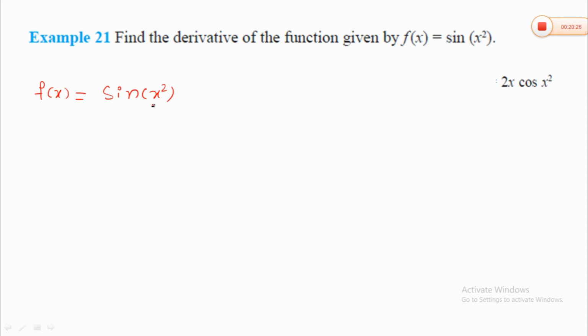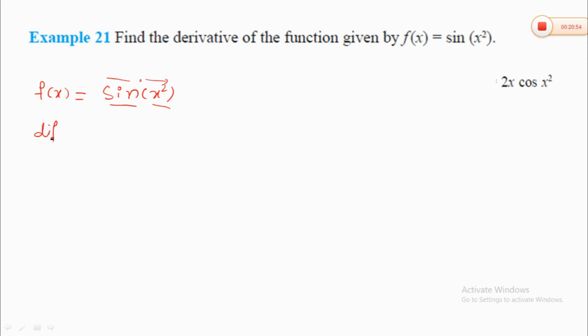Here x square is one function, sine is one function, and x square is within this sine function. So from the hierarchy, differentiate from left to right. First differentiate sine, after this differentiate x square. So simple. Sine, keep x square as it is, then the derivative of x square. In this manner you have to solve this one.